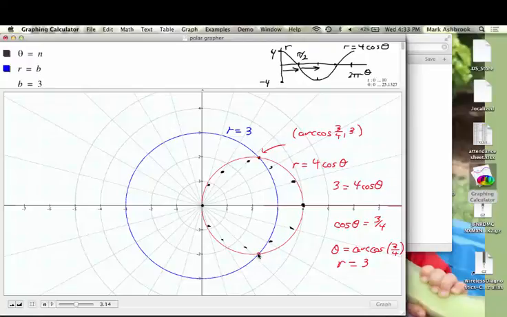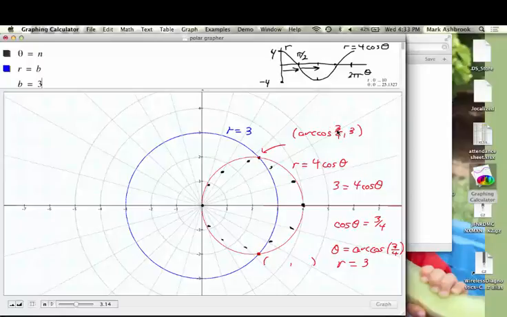We could write this point in several ways. Can you come up with 3 different ways to write that point? Should it be 3, arc cosine 3/4? Oh, r theta. Yeah, sorry.